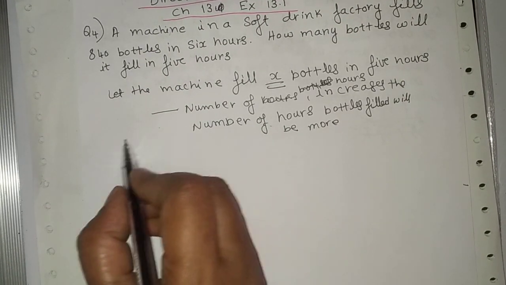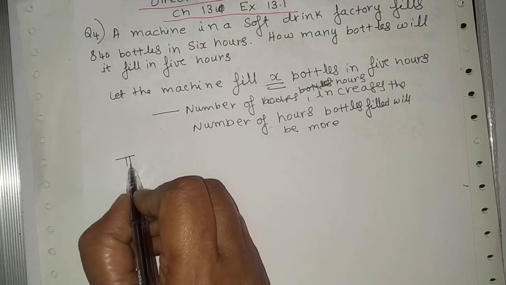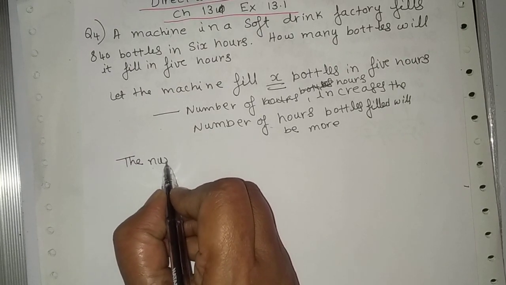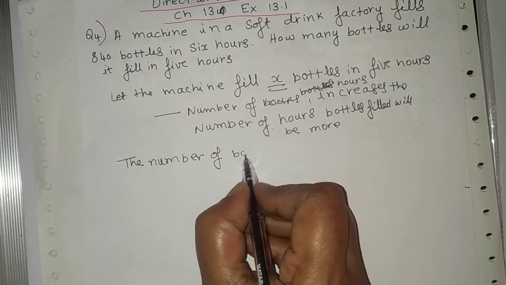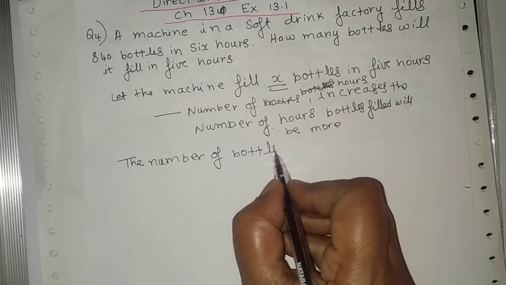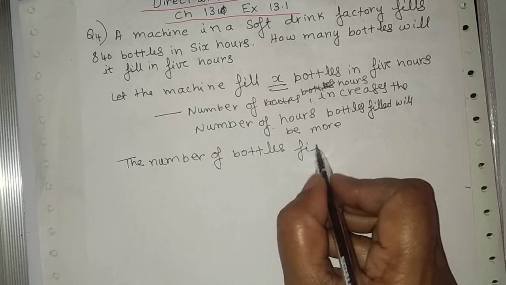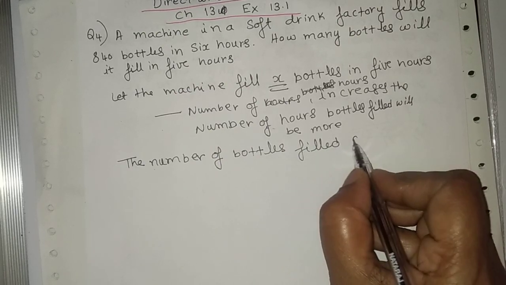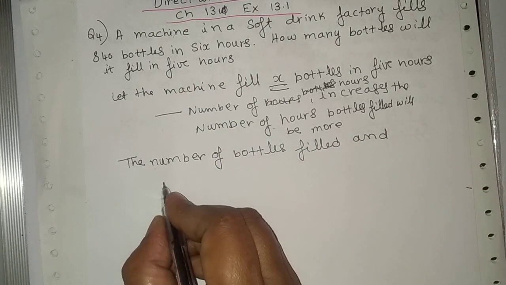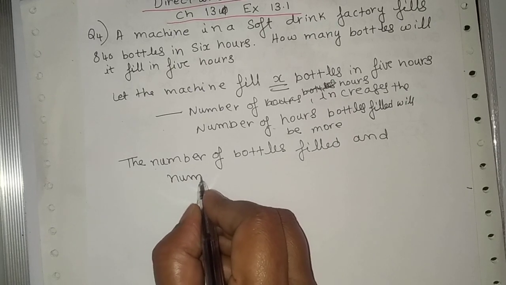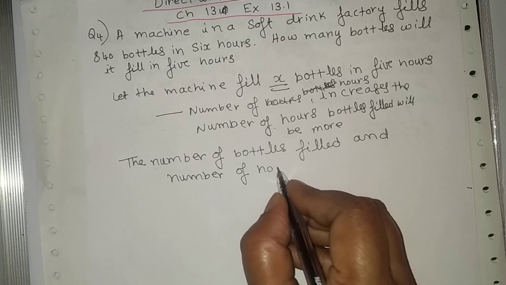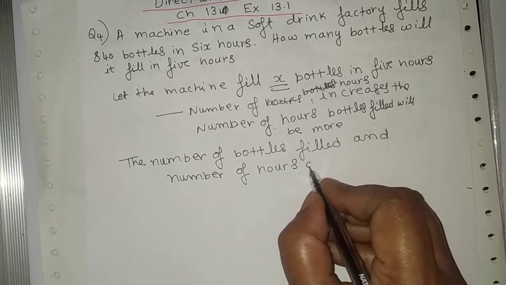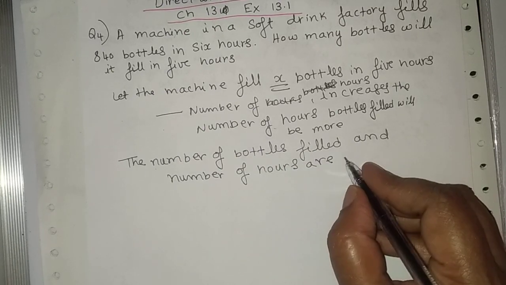So the next point: the number of bottles filled and the number of hours are directly proportional to each other.